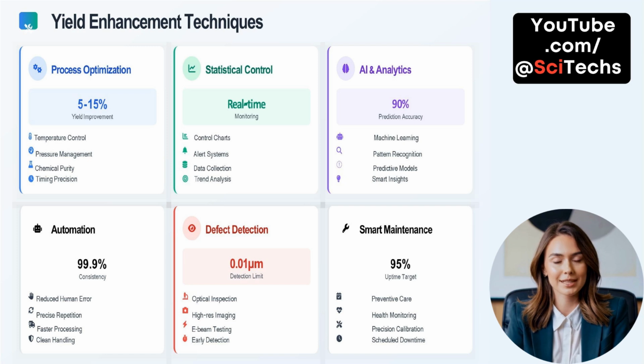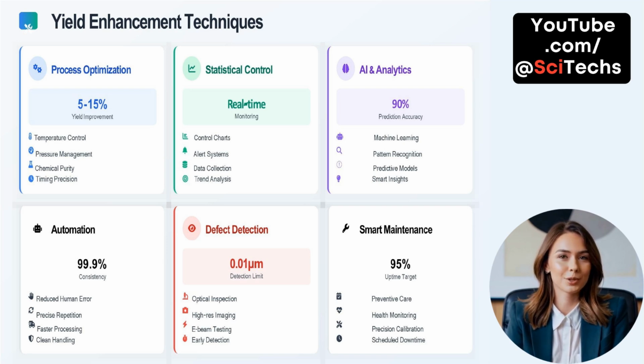efficiency. Yield enhancement techniques. Improving yield in semiconductor manufacturing requires a multi-pronged approach using both advanced technologies and proven process control strategies. Process optimization contributes a 5 to 15% yield improvement by focusing on temperature control, pressure management, chemical purity, and precise timing.